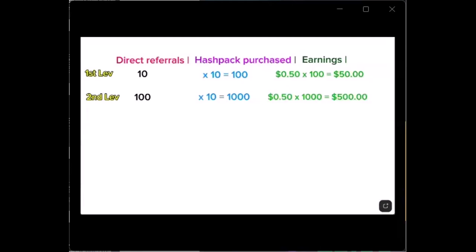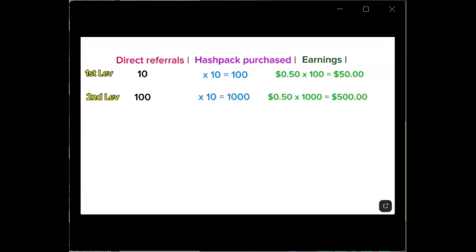Similarly, your direct referrals will also earn $50 each from their 100 hash packs in their respective networks. This means as your network grows, both you and your direct referrals will be generating increasing commissions with the potential to earn substantial amounts as it expands down through the levels.